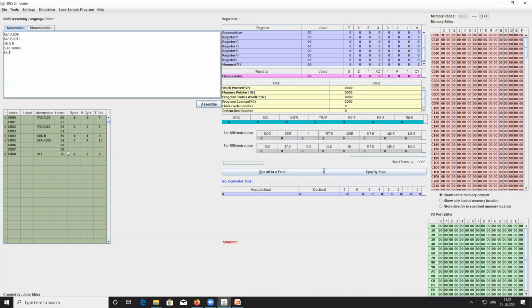So the program, $3,000, 300, the location.